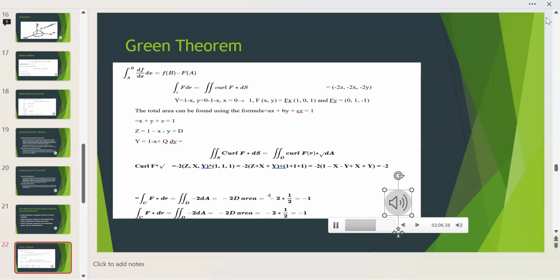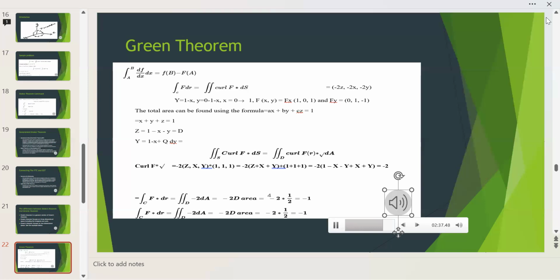So the curl of F dot the normal is going to give us negative 2 times z plus x plus y, times 1 times 1 times 1. That is equivalent to negative 2 times z plus x plus y, which yields negative 2 times (1 minus x minus y plus x plus y), which is equivalent to negative 2.